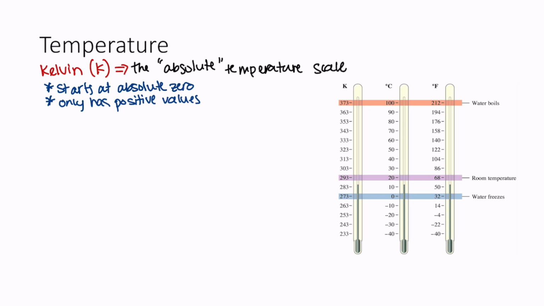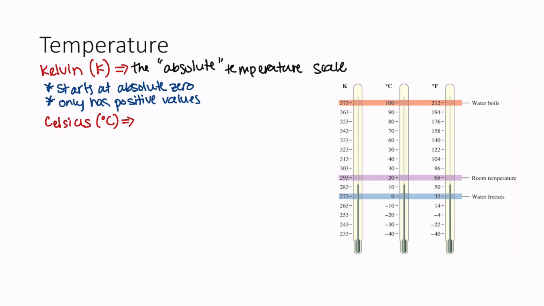The next temperature scale is the Celsius scale. And that is given the symbol degrees Celsius. Notice with Kelvin, we do not use degrees.